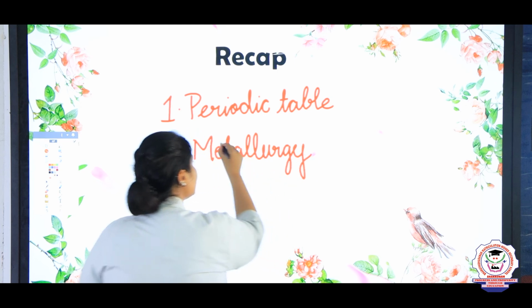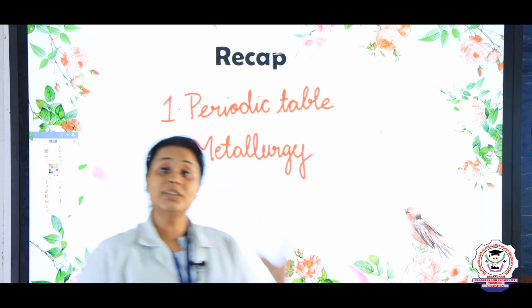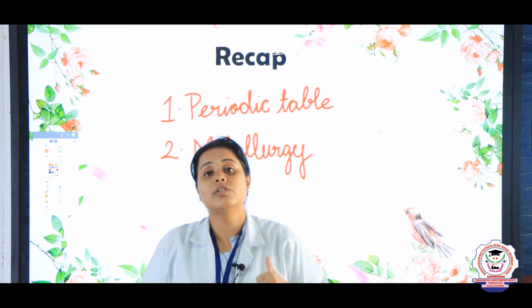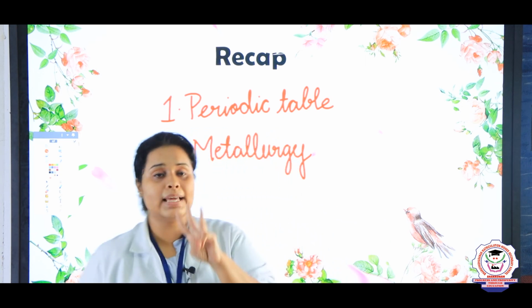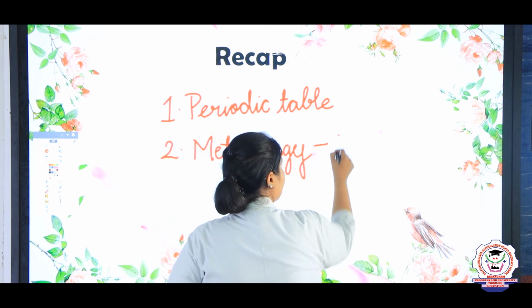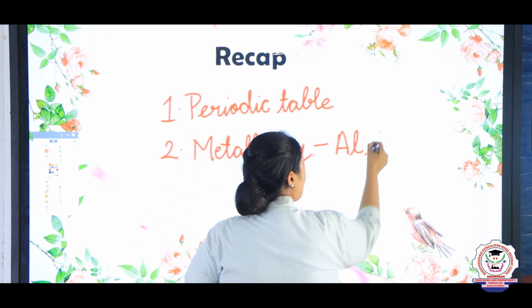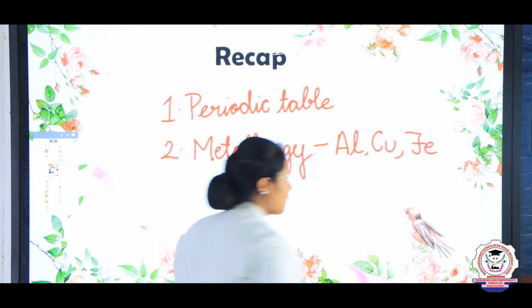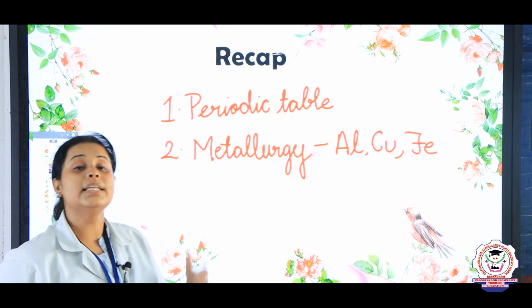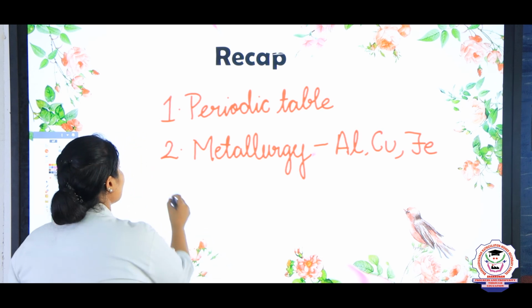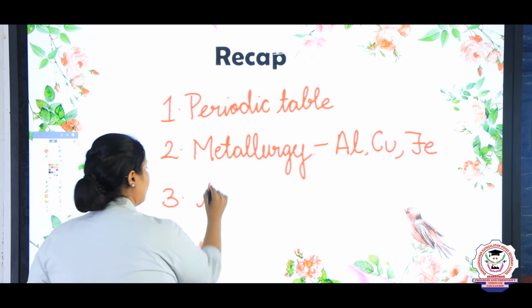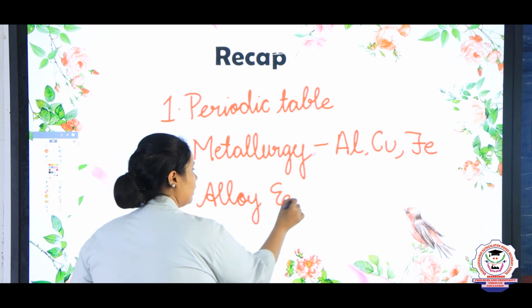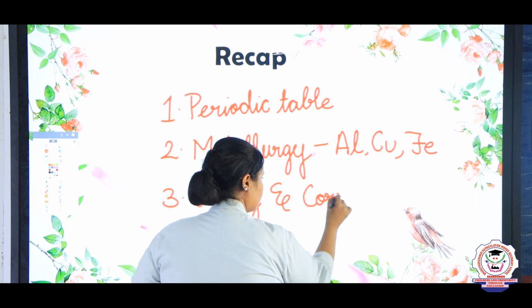So, children, metallurgy is a process of extraction of metal from its ore, and in this metallurgy we have seen the metallurgy of three elements, which are aluminium, copper and iron, right? Yes. And then finally, we have seen the concept of corrosion and alloying, alloys and corrosion.